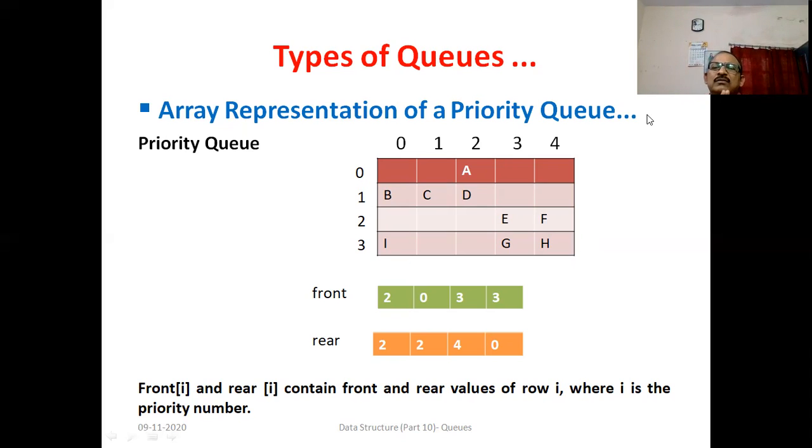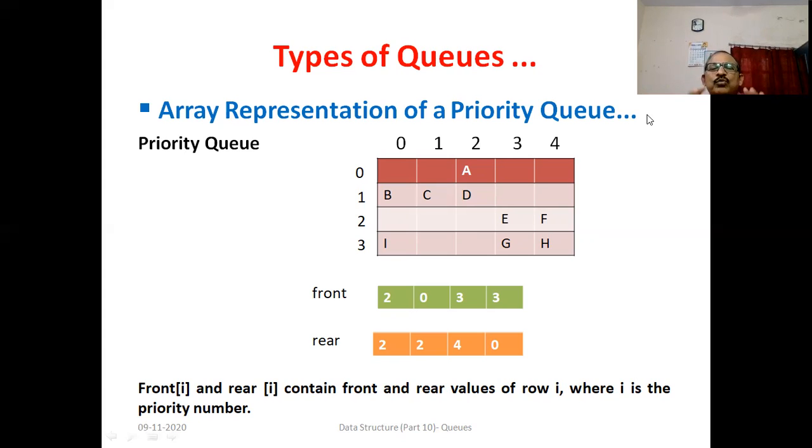To keep the front values, we take a one-dimensional array of size equal to the number of priorities in the system. Here in the picture you can see there are 4 priority numbers.